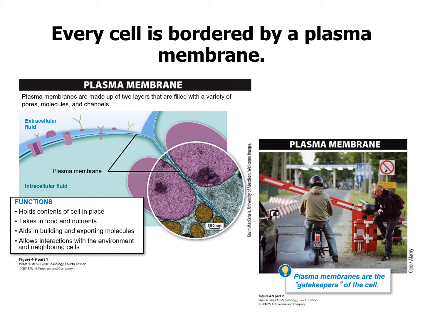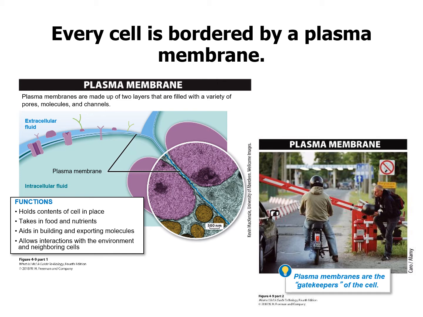One of the structures we've already talked about is the plasma membrane, and every cell has that type of border. The function of the plasma membrane is to hold the contents of a cell in place. Again, it's not dissimilar to the skin of the cell. It takes in food and nutrients, so in that way it also almost acts like the mouth.